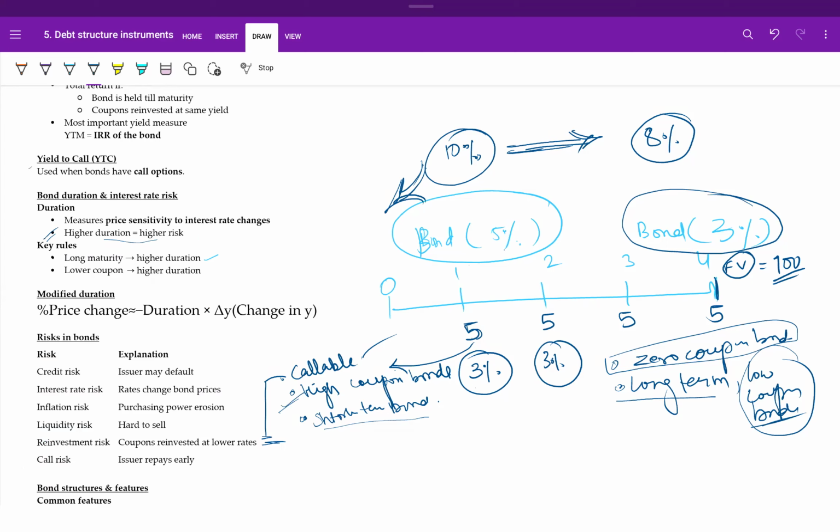You cannot reinvest at a lower rate, or the performance of your portfolio, or your fund, is going to fall. And shorter term bonds are actually the most sensitive to reinvestment risk because the market moves in cycles.